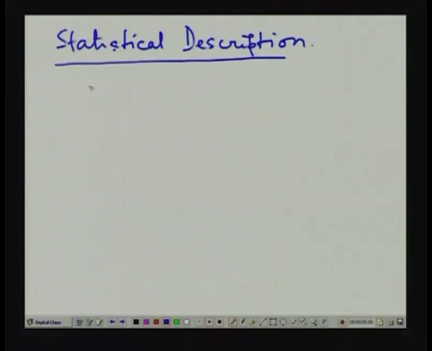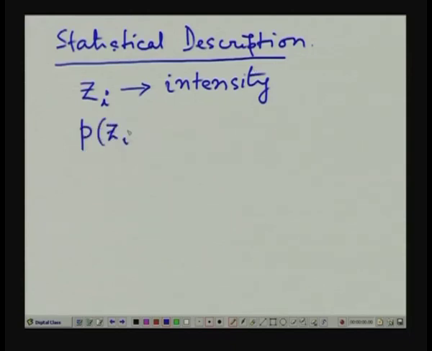Let us assume that in a texture image, z_i is a variable which represents the intensity of different pixels present in the texture image, and suppose p(z_i) represents the intensity histogram or gray level histogram.